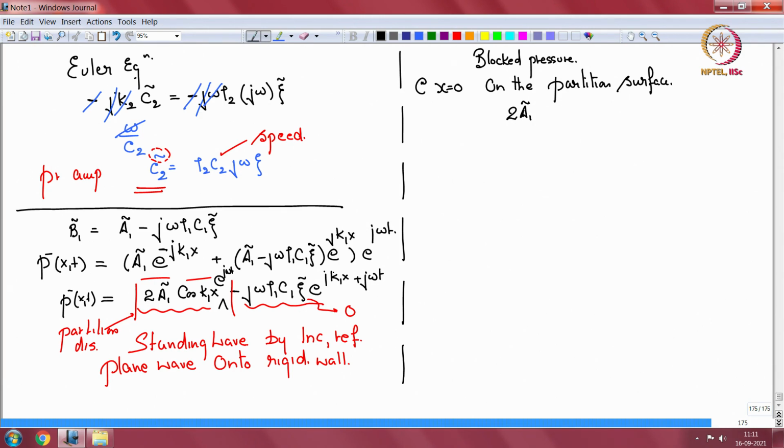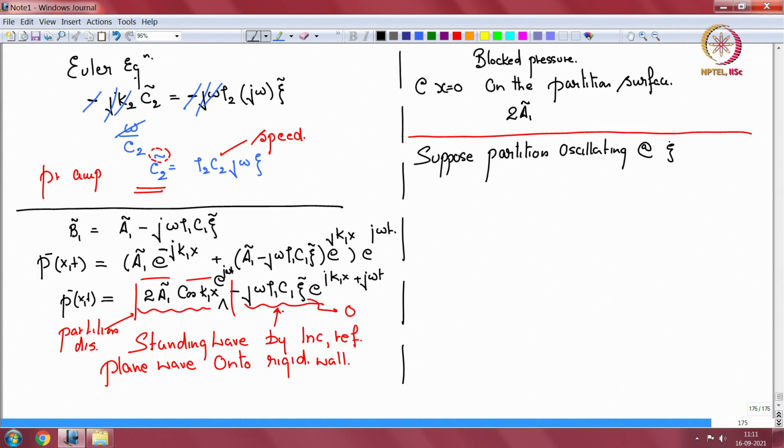Now what is this next term here? Okay. So if we separately try to find out, suppose the partition is oscillating at xi tilde e to the power j omega t.